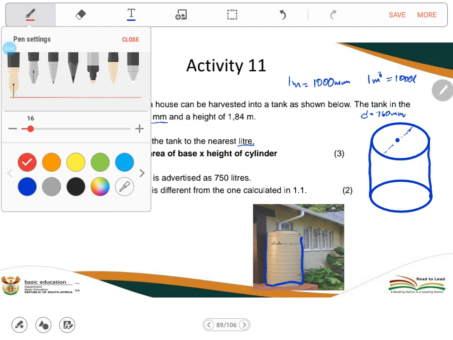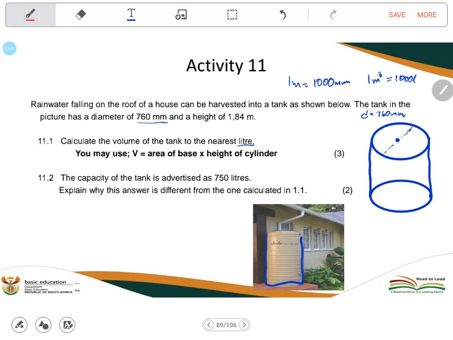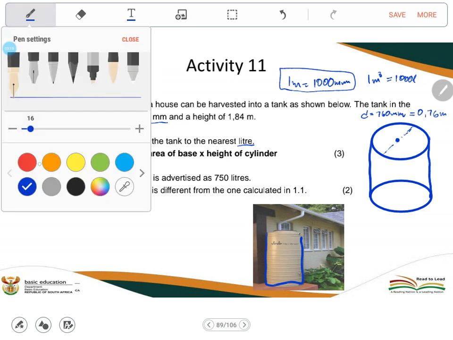Now we need to also talk of the radius. In fact, before we talk about the radius, we need to talk of the conversion here. The diameter in terms of meters will be 0.76 meters, because 1 meter is equal to 1,000 millimeters. Now let's talk about the radius.